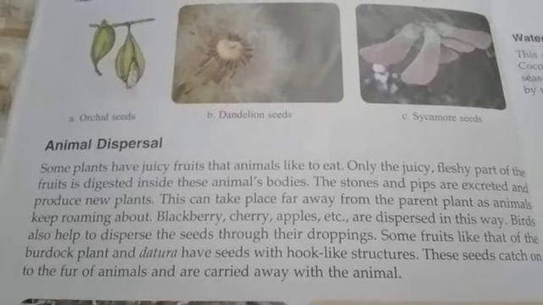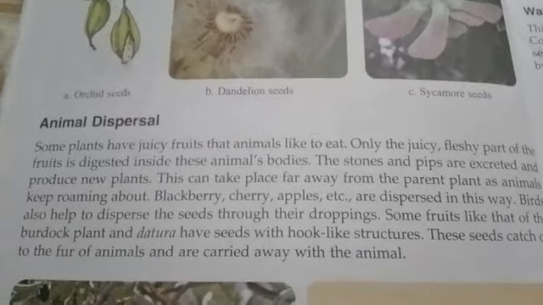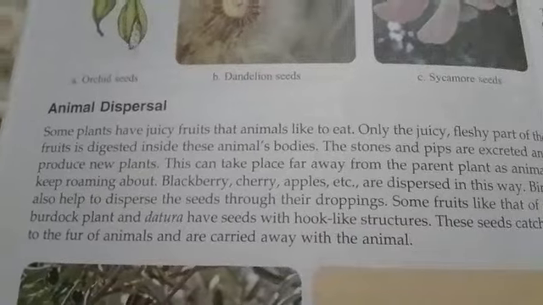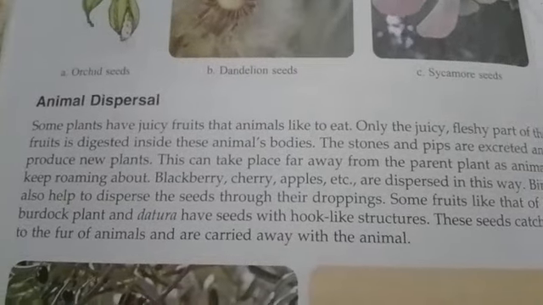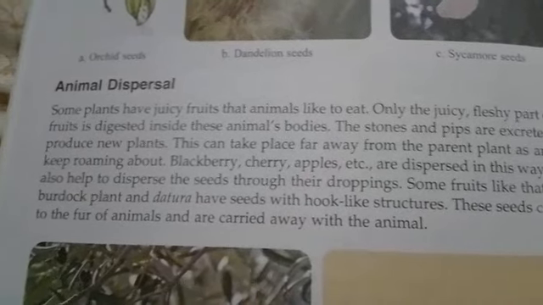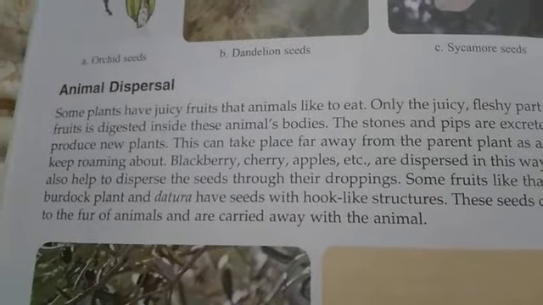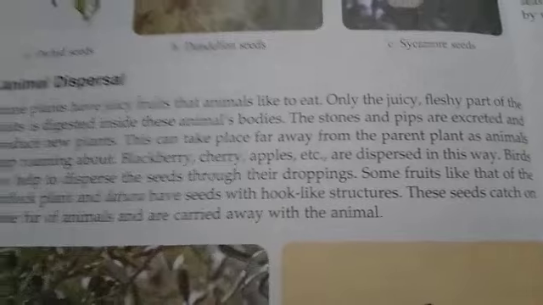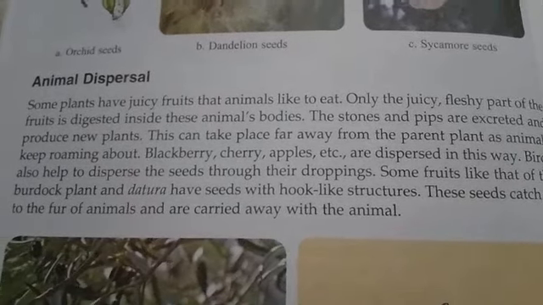Now, animal dispersal. Some plants have juicy fruits that animals like to eat. Only the juicy, fleshy part of the fruits is digested inside these animals' bodies. Actually, we human beings also like to eat juicy fruits.